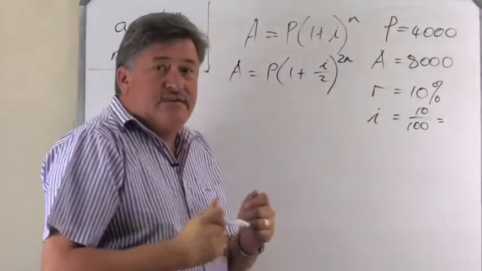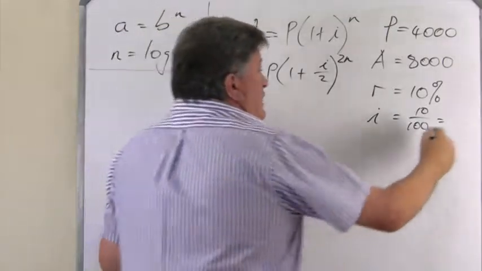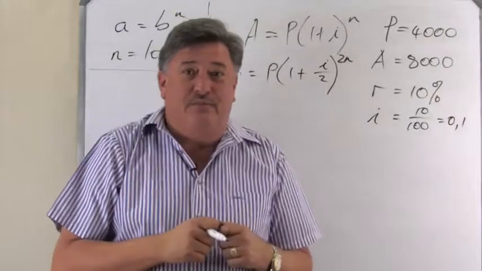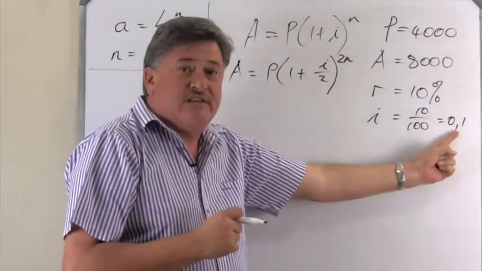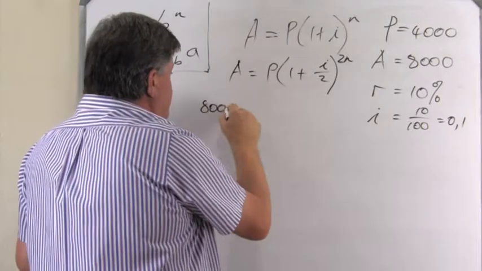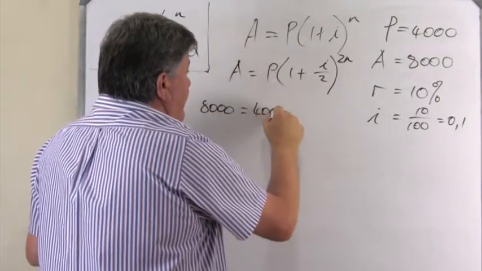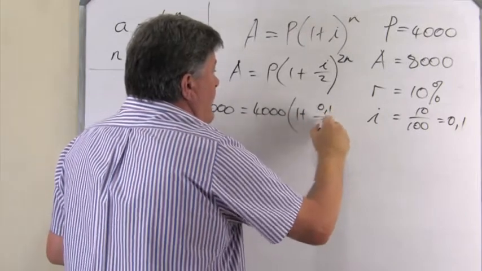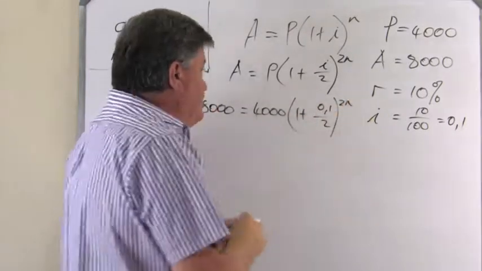Because this is easy to put in decimal form, we will get 0,1. Please remember what I said before, never to round this off. So we will substitute. Our A is 8,000. Our P is 4,000. 1 plus i, 0,1 over 2, to the 2n.